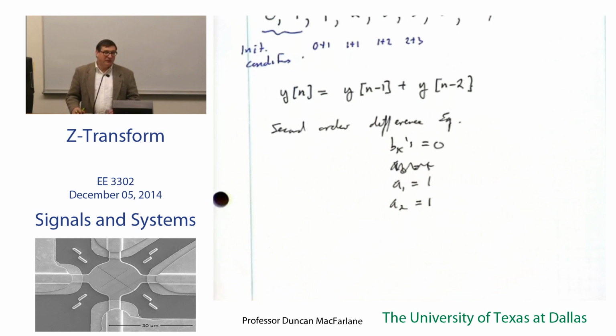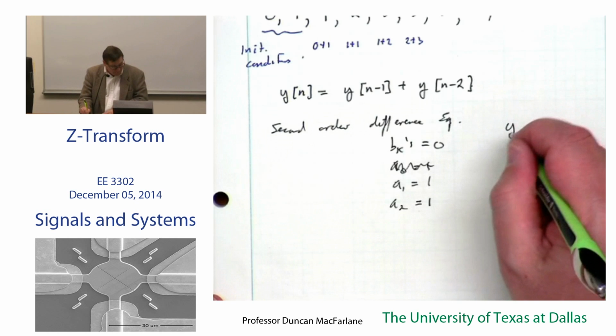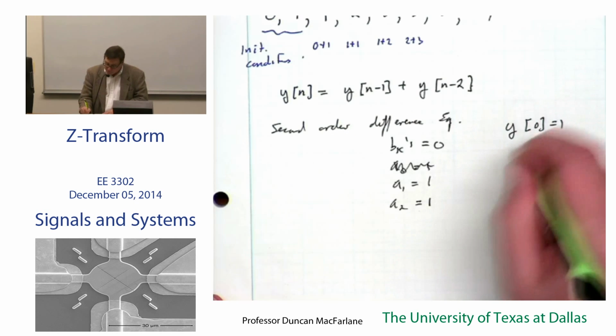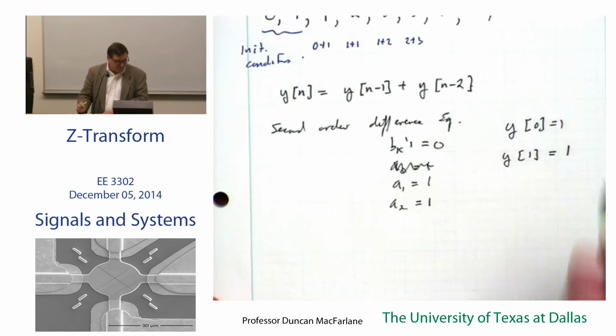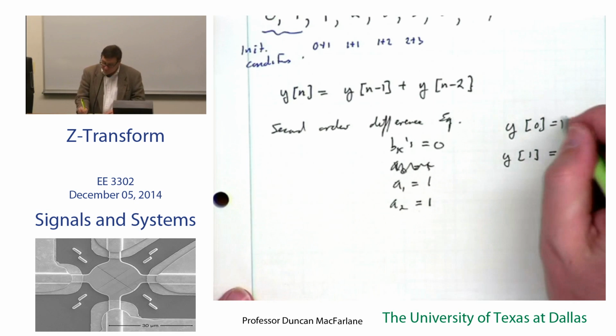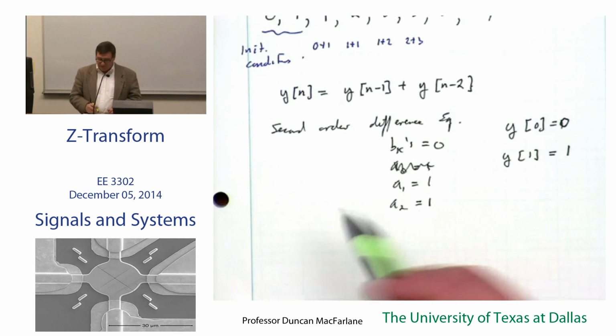So rather boring when I write it that way, but that's just the nature of this magical set of numbers. And we do want to be mindful of our initial conditions. y of 0 should be equal to 0, sorry about that, and y of 1 is equal to 1. And those are enough to generate all of these.